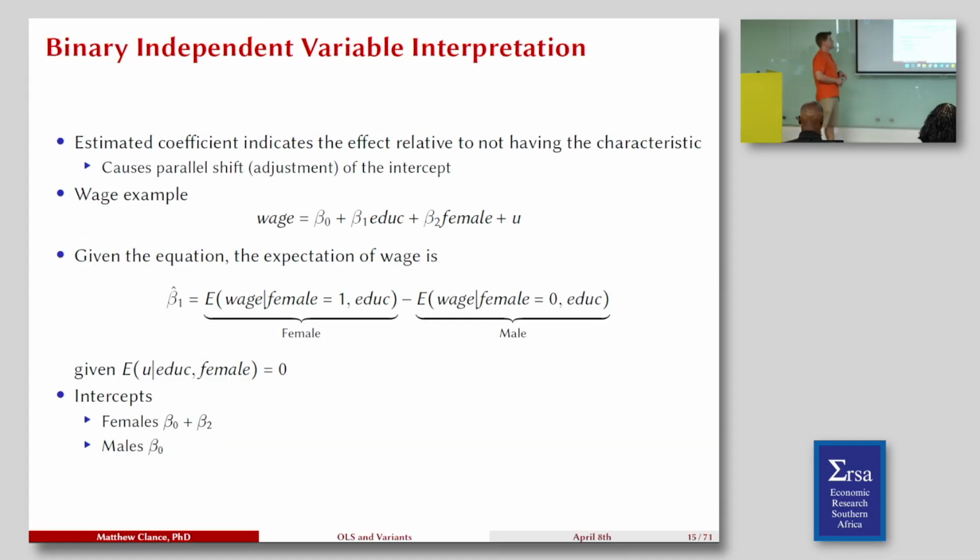Just to give you an example from what we're thinking about in terms of the education or the wage equation, with the left-hand side in levels, education like we had before, and then looking at whether the individual is female or not.